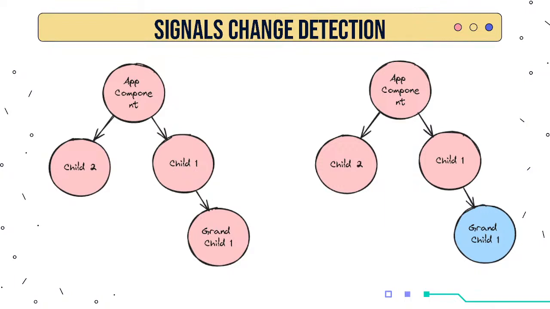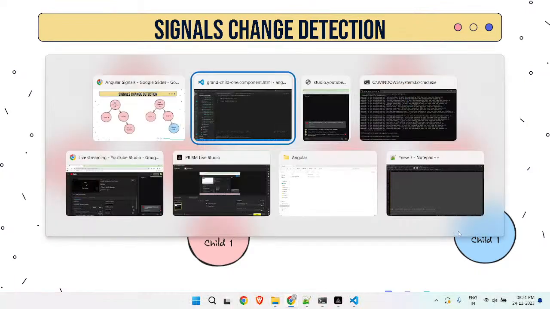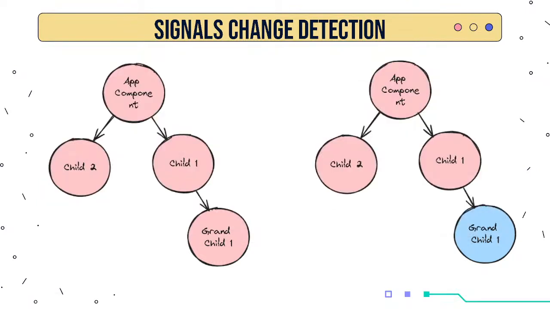This is how signals have a massive impact on Angular applications, and the reason why signals were introduced in Angular. Signals are a popular thing because other JavaScript frameworks besides Angular are also using them. So this is all about that.